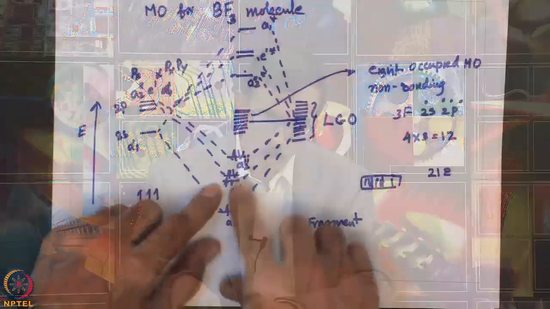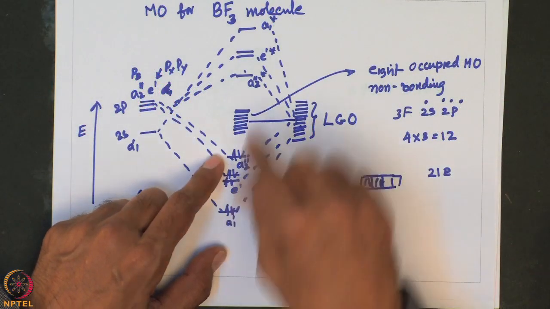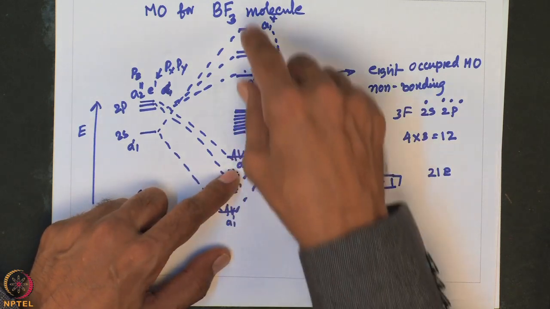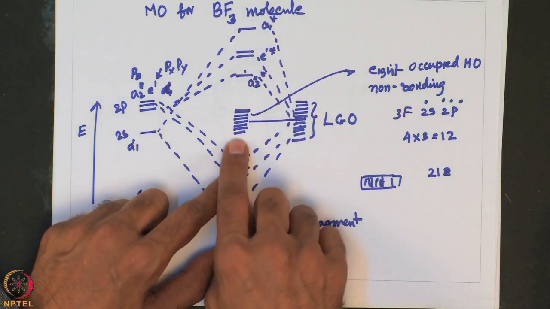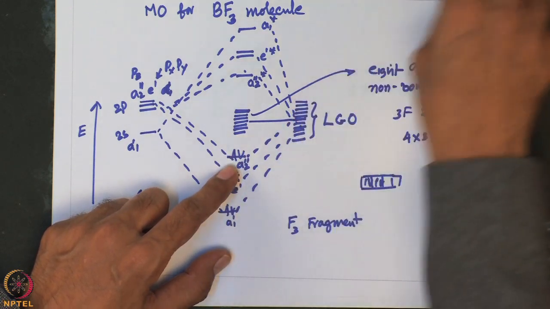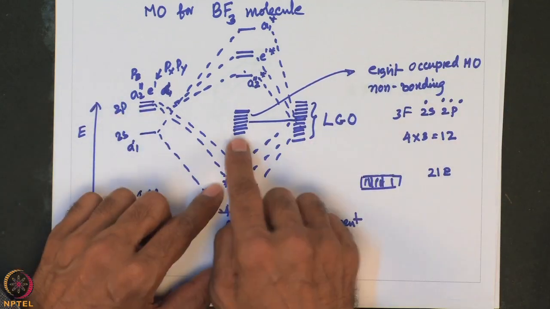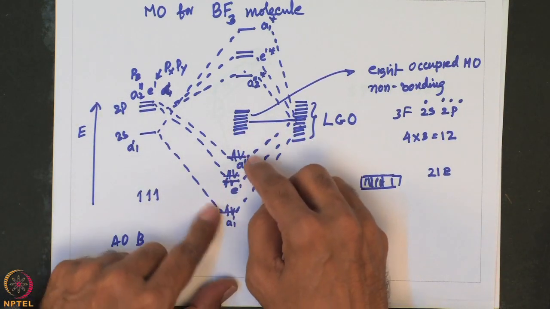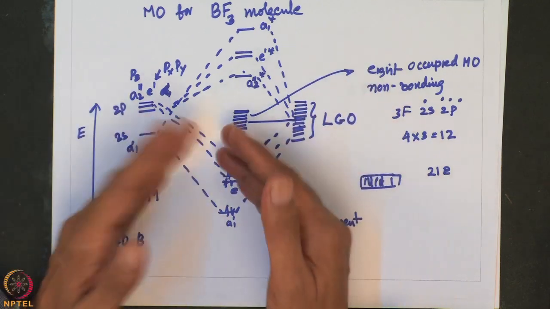Out of 12, 4 participate here, 4 bonding molecular orbitals and 4 anti-bonding molecular orbitals, and the remaining 8 will be non-bonding molecular orbitals. Essentially the unutilized electrons of the 2p remain here, these 16 electrons. So, total 16 plus 8, 24 electrons.